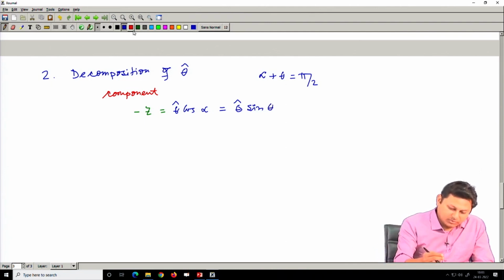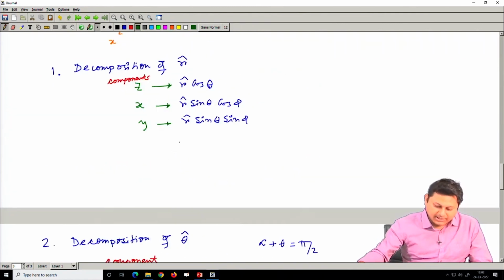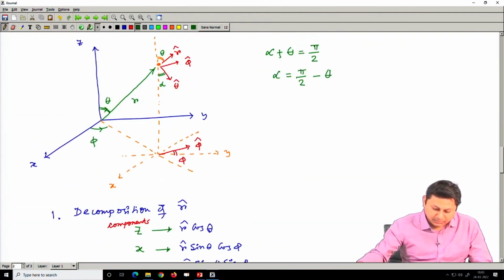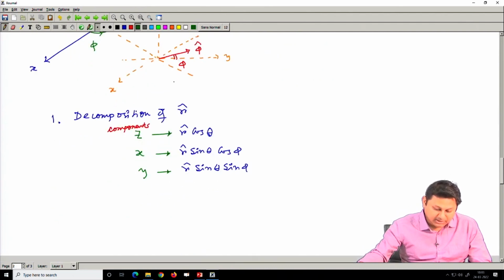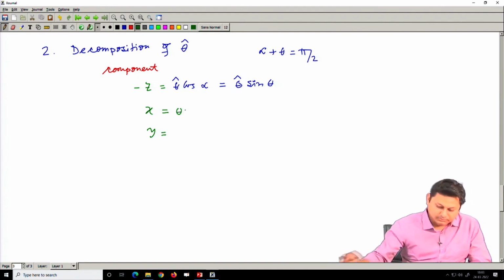What about the x and y components? The x component, again I can have the projection over the xy plane, and if I make a projection of this theta over the xy plane, it should be theta unit vector times sin alpha, because cos alpha was the projection along the z direction.